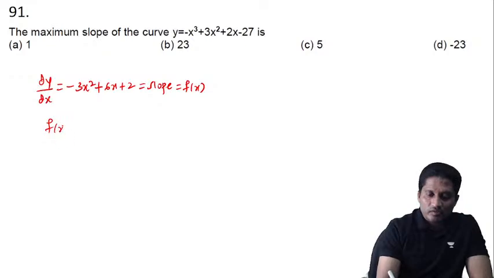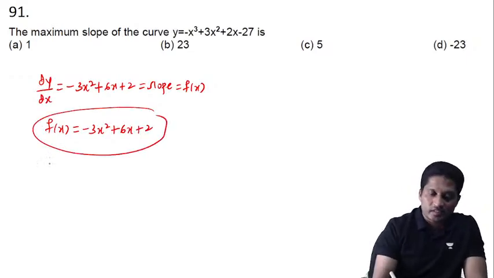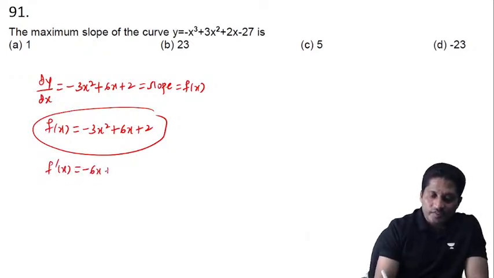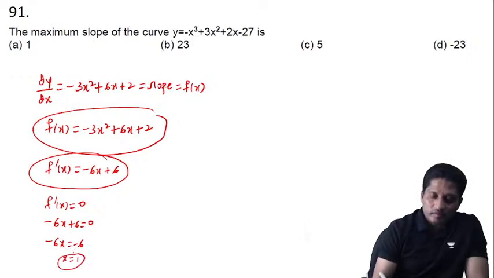Now f of x is equal to minus 3x square plus 6x plus 2. Now if I differentiate this, f dash of x is equal to minus 6x plus 6. If I equate this to 0, for maximum minimum the first derivative should be 0. Minus 6x is equal to minus 6, x is equal to 1. Okay, so this is x is equal to 1.